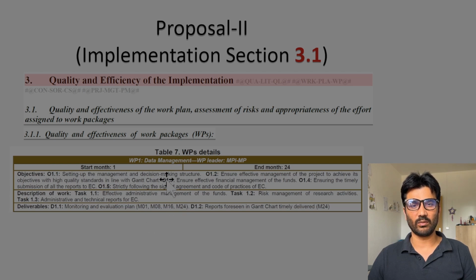But my third work package was in much more detail. It was the same way. I was the leader because the third work package was all about the synthesis of the material, so I was leading that. It started from month 1 and the end month was 12.